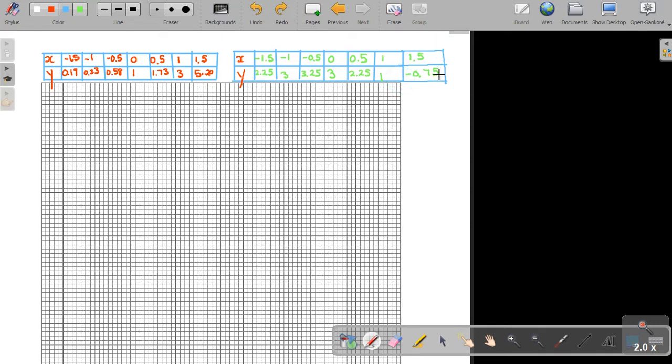Okay. So in this case, that was my axis. Let me plan to see how I'm going to do this. The line's going to be in the middle. But if I look at my lowest point, say negative 1, and my highest point, it looks like 5.2.